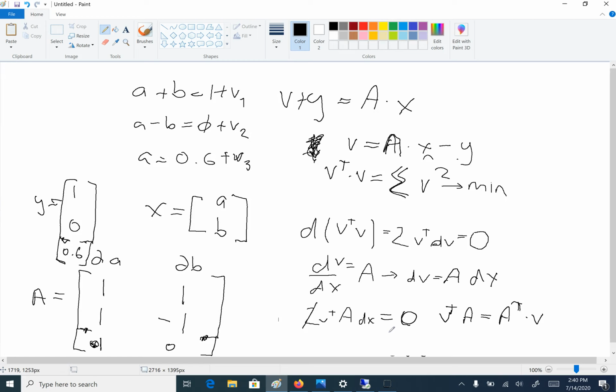So from this, if v transpose A is equal to A transpose v, we can set those equal to 0, since dx is never going to be equal to 0.